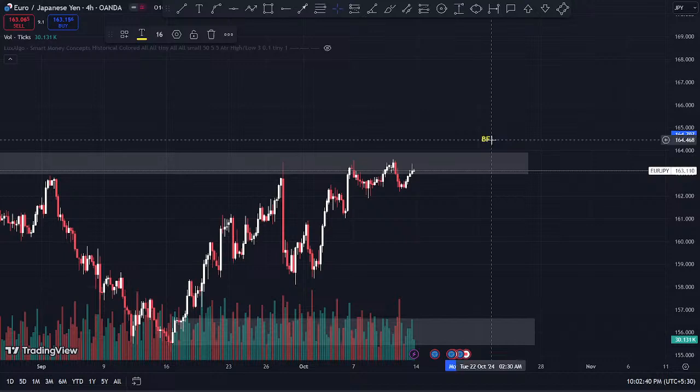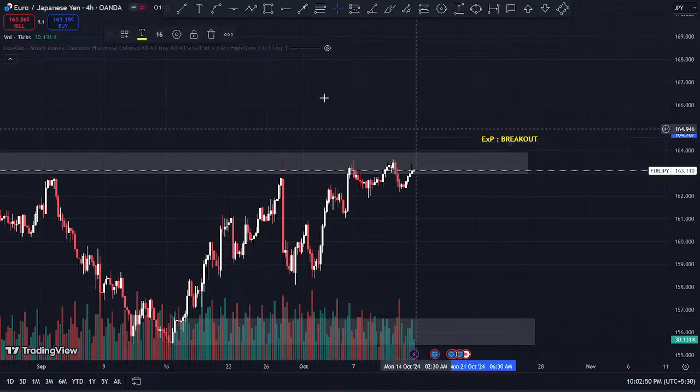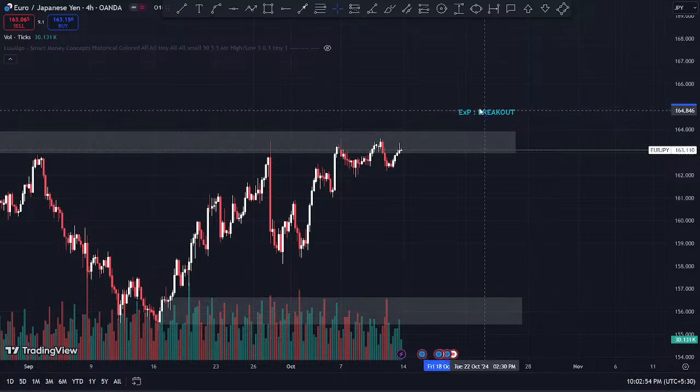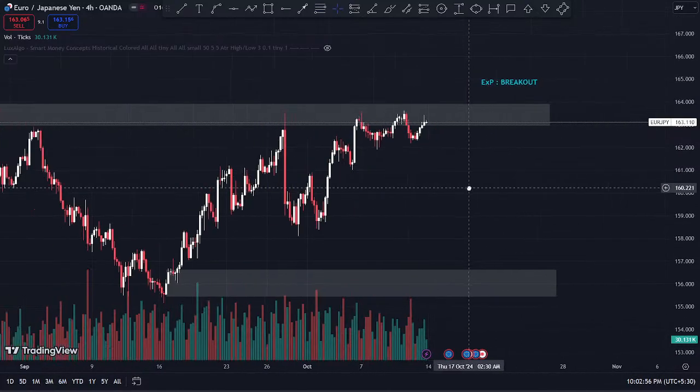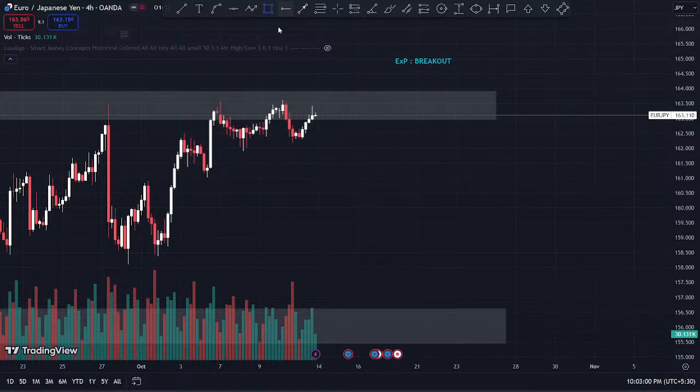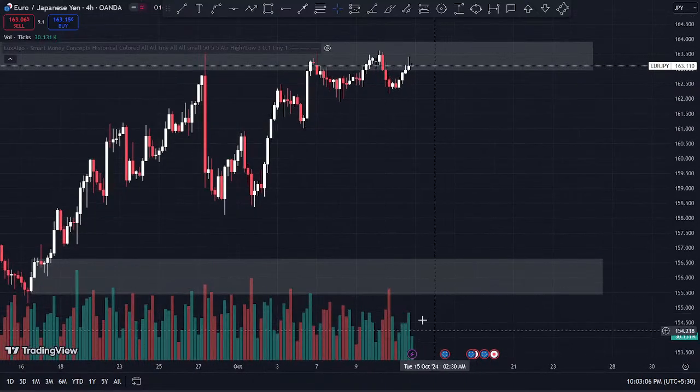Okay, so let me mark out this breakout. If the market has to move up, then it has to take some liquidity, right? I've already bought in.